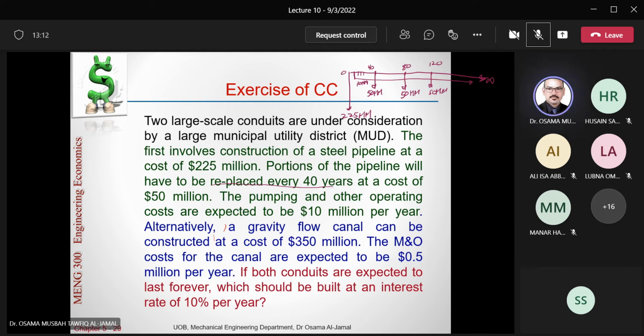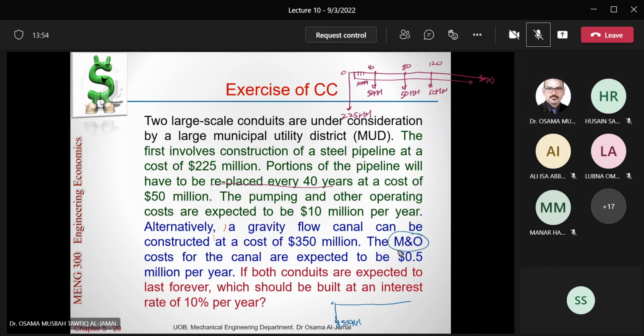Now what we need to do is solve for those two. Let's do the second one. What do we have in this problem? At year 0, it's 350 million. Alternatively, a gravity flow canal can be constructed at a cost of 350 million. So the first cost at year 0 is 350 million.